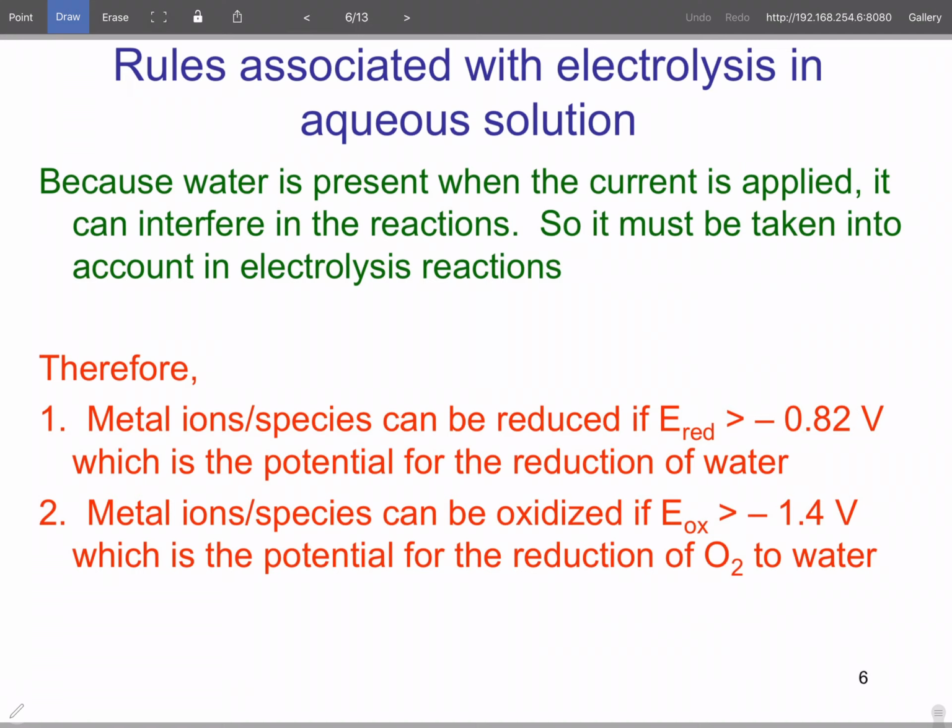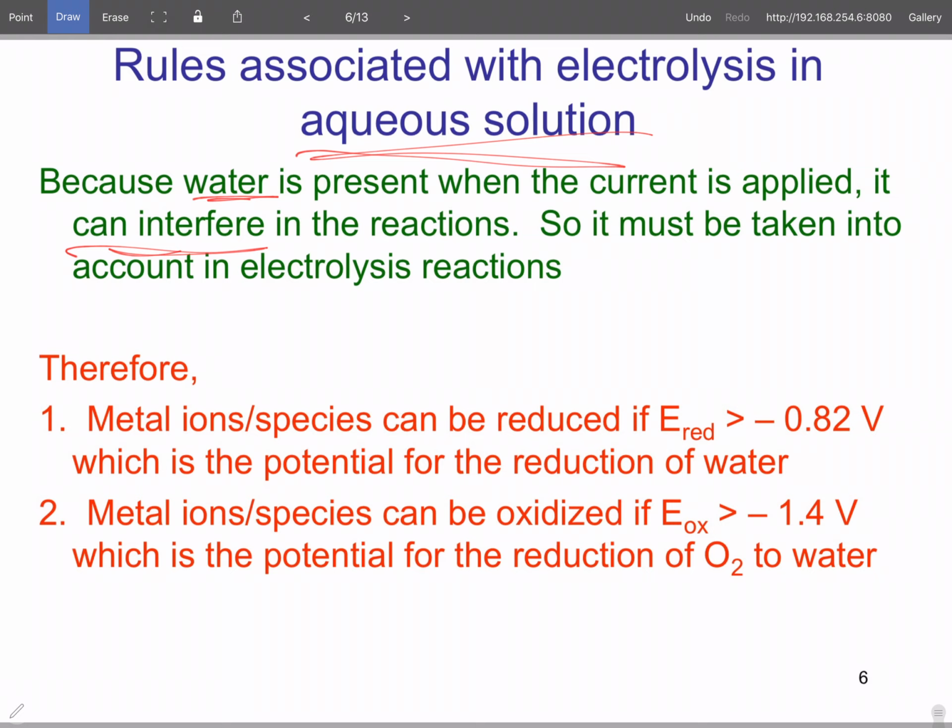Okay, so rules associated with electrolysis and aqueous solution. Now, the trick to aqueous solutions is if you're going to do electrolysis on anything, then you have a problem because water was going to interfere in the reaction as it goes forward. Okay, so you have to take this into account.